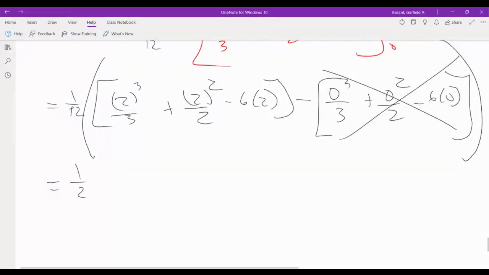So this is 1 over 12. You don't have to do 0. No, but be careful, okay? Because sometimes there's a constant in there, and the constant would play a part. Does that make sense, Alfred?